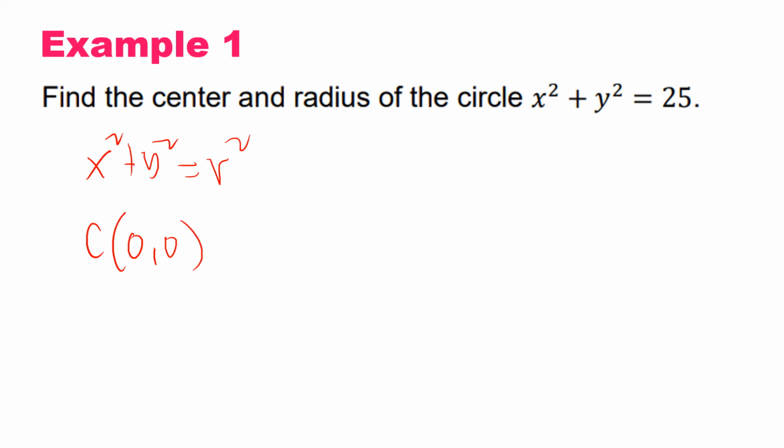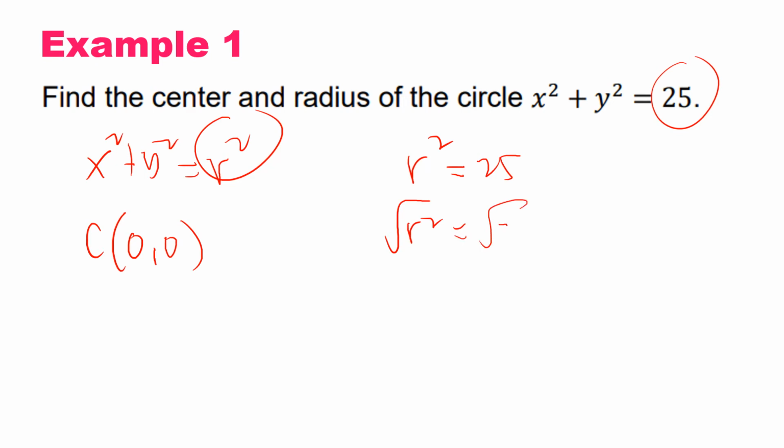And how will you get the radius? The radius is related to this equation, which is 25. So, eto siya. You can say that r squared equals 25. Then you get the square root of both sides. So, r squared equals, square root of r squared equals r. And then the square root of 25 is actually 5.